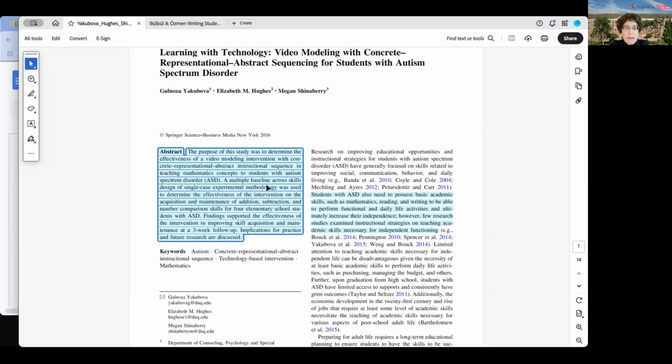A multiple baseline across skills design of single case experimental methodology was used to determine the effectiveness of the intervention on the acquisition and maintenance of addition, subtraction, and number comparison skills for four elementary school students with ASD. Findings supported the effectiveness of the intervention in improving skill acquisition and maintenance at a three-week follow-up. Implications for practice and future research are discussed.